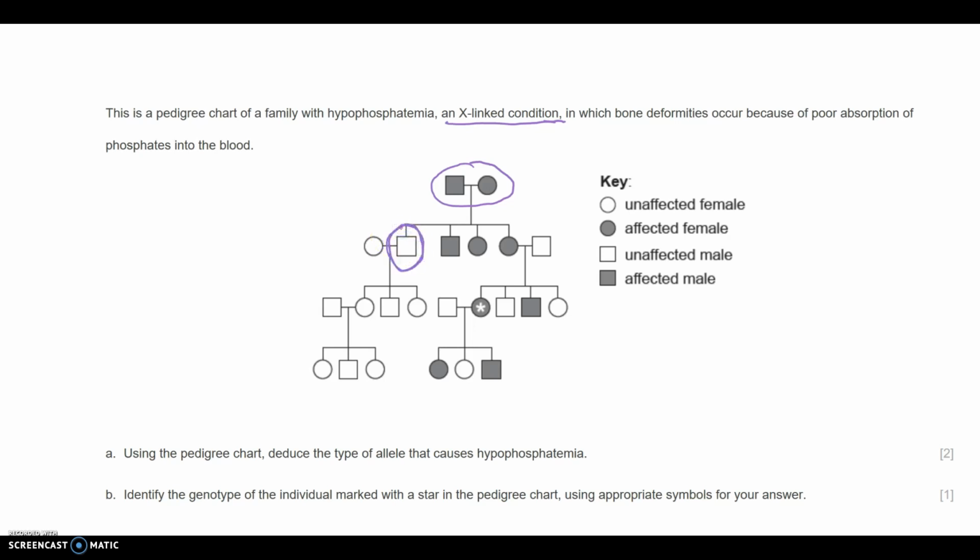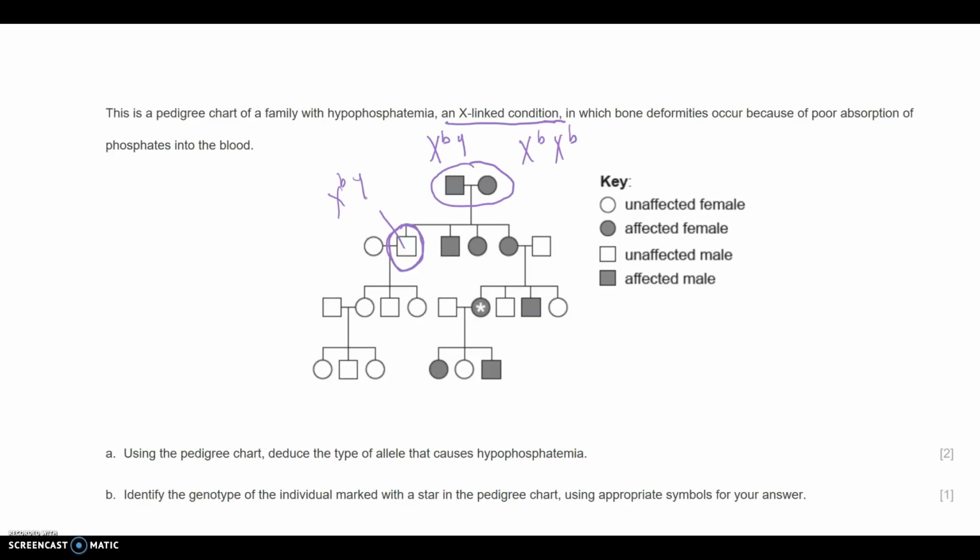If they were both affected and this was recessive, we know it's X-linked, so he would be X little b Y, she would be X little b X little b. So this person would be X little b Y, so they would have the disorder. All of the offspring would have the disorder. So the fact that this person doesn't have the disorder suggests that it must be a dominant allele that causes the disease.